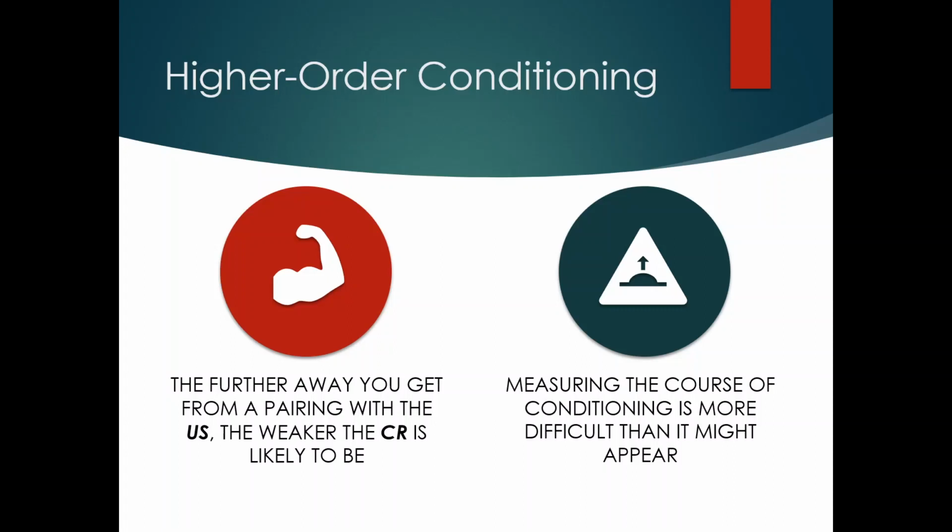We also know that it can become very difficult to measure the course of conditioning as higher order variables appear. That's just because, especially in real life, it is very difficult to control for noise, to control for outside variables. There can be many things happening, many associations that we already have. So the farther we get from the original conditioned stimulus, the murkier it can be.